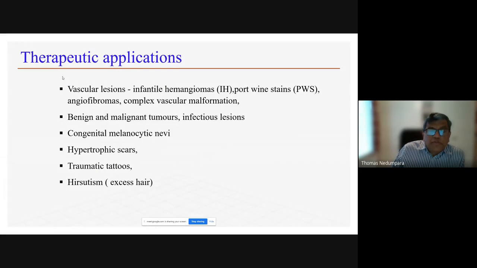So mainly used for blood vessel lesions like hemangiomas, port wine stains, angiofibroma, and benign and malignant skin tumors such as basal cell carcinoma, congenital melanocytic nevi, hypertrophied scars, tattoos, and excess hair.